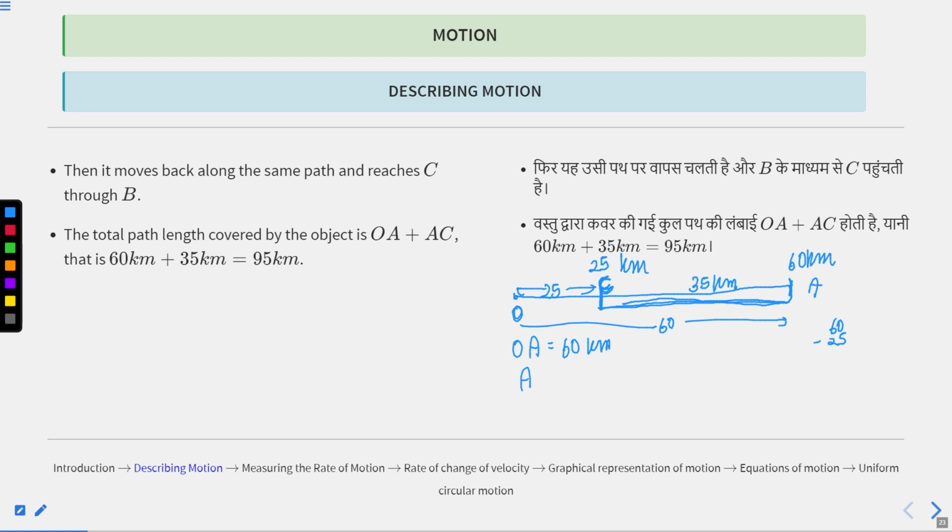So AC is 35 kilometers, and the total distance you traveled from O to A to C will be OA plus AC, which is 60 plus 35 equals 95 kilometers. So the total distance you traveled is 95 kilometers.